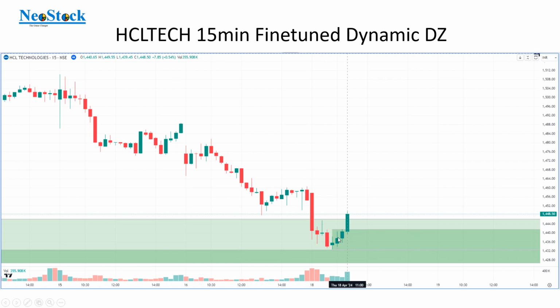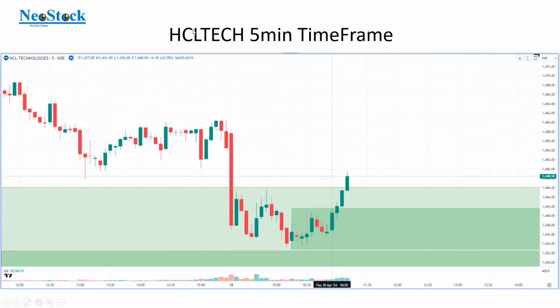This is a good example, it will tell you. Now let us get into the 5 minutes time frame. See, now we are in the 5 minutes time frame. See the structure inside. Here you have a rally candle, you can call it a leg candle, leg in.